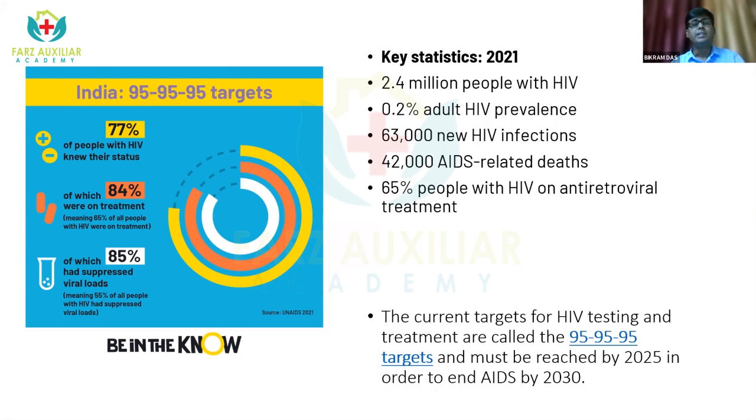As of now, 77% know their status, 84% are on treatment, and 85% of them are suppressed. So only 65% of people with HIV are on ART. It's a big chunk of people who are not getting ART, so there is still a possibility of getting patients with opportunistic infections and bad infections in critical care with HIV.